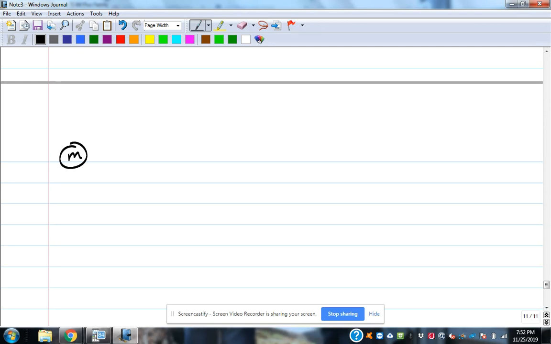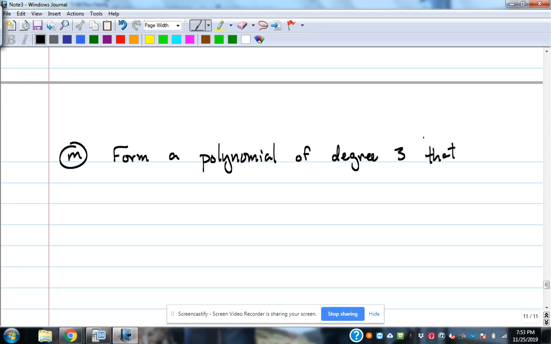Okay, so we're going to form a polynomial of degree 3 that has zeros of -1, 2, and 4 with f of 1 equal to 3. All right. Weird problem.